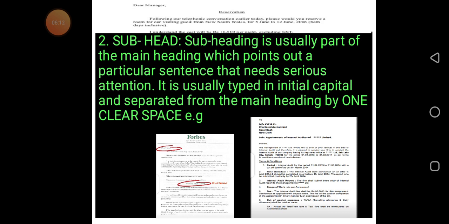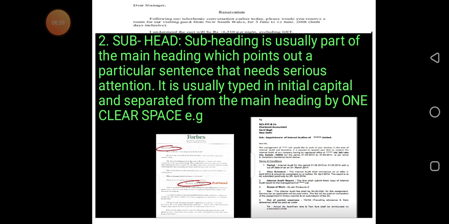Most times it is typed in initial capital letter, that is, you type the first alphabet in capital letter. It can also be separated from the main heading by one clear space.